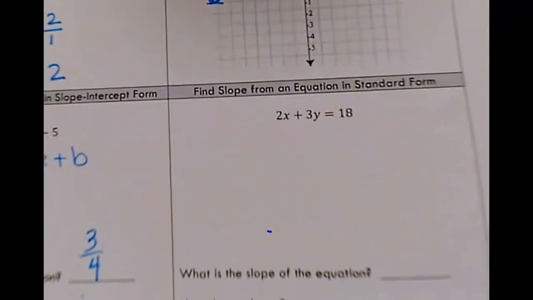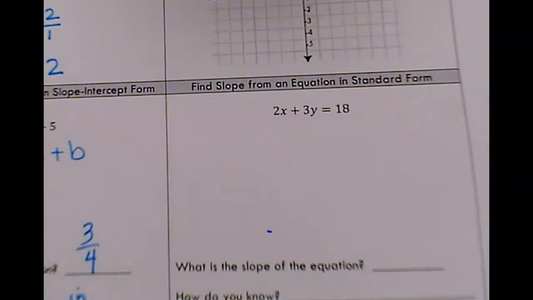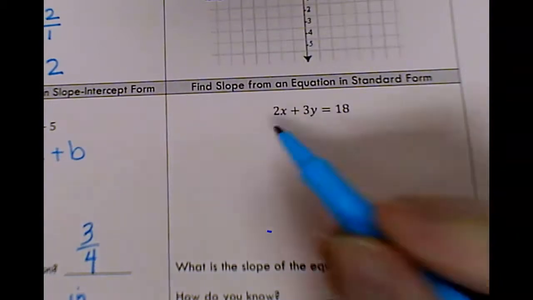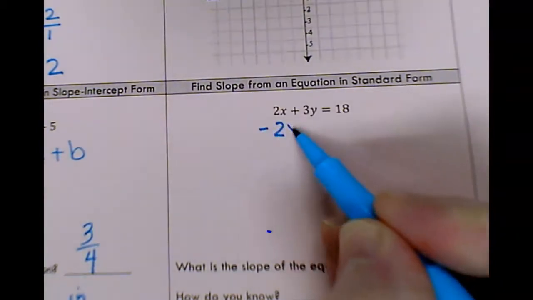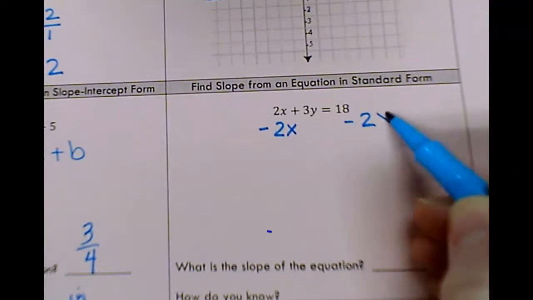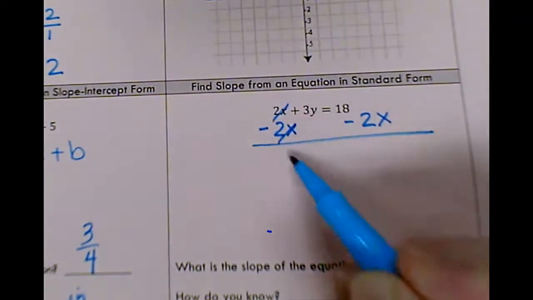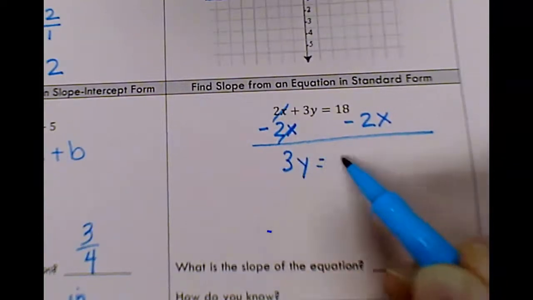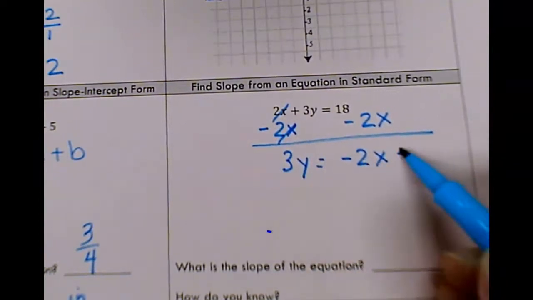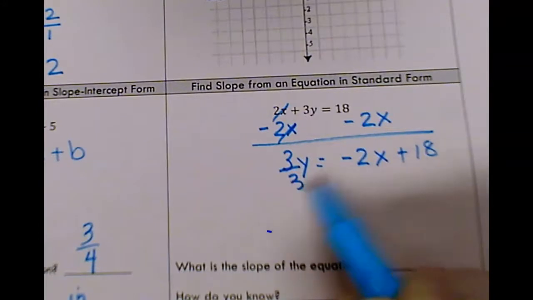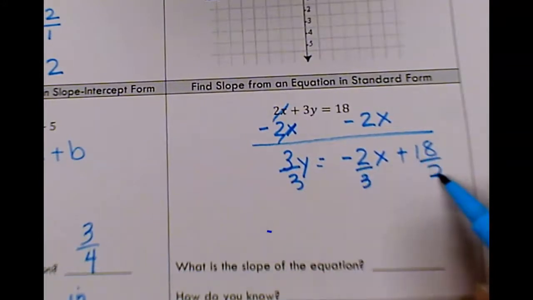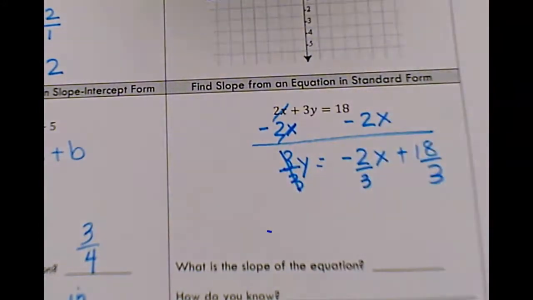If the equation is not in y equals mx plus b form, we need to put it in that form so that we can find the slope. So we're going to subtract 2x from both sides of the equation. We're going to divide everything by 3, so that will cancel out.